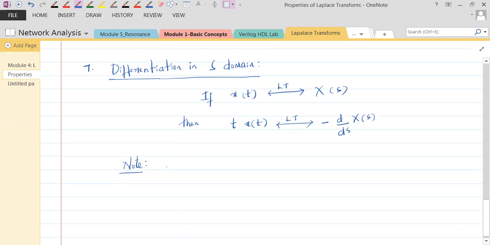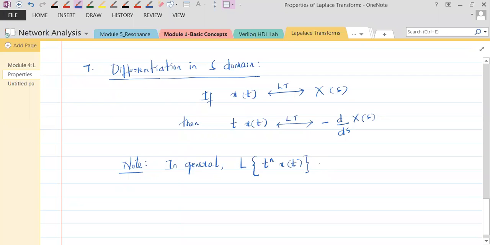What if you have t to the power n? That is, in general, the Laplace transform of t to the power n x of t, how is that going to look?